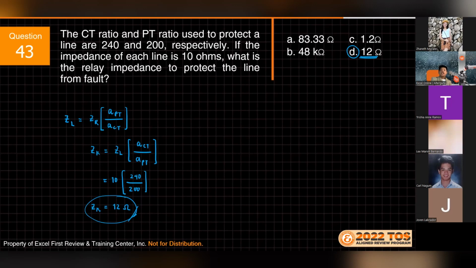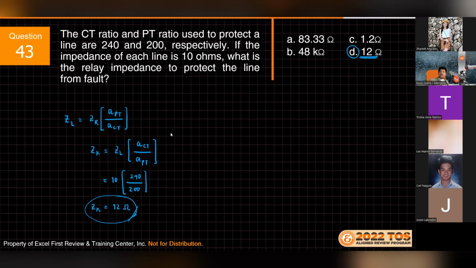So technically, it's like a Z percentage or Z per unit. That's how it comes out, and of course we need to get the Z relay, so we will come back to that. So that's number 43.